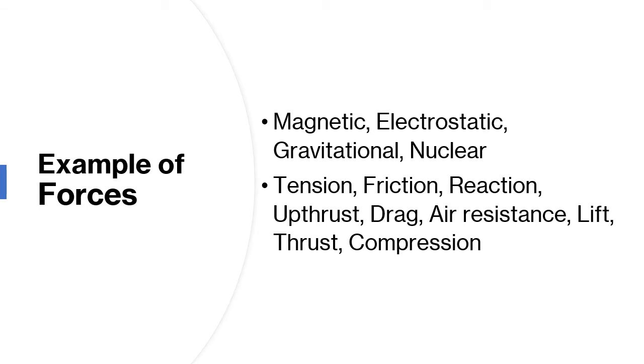Is there a particular reason that I have put magnetic, electrostatic, gravitational, and nuclear together and everything else separately? Can you think about any reason, any pattern for that classification there? And let's wait and see. So I'm going to go further into the slides.